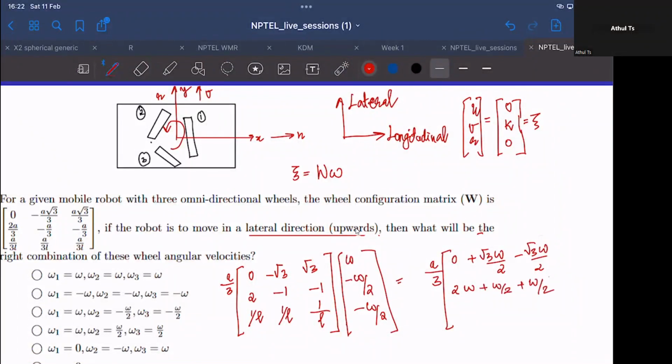And the third row would be omega by L minus omega by 2L minus omega by 2L. So if you simplify this, how will it look?